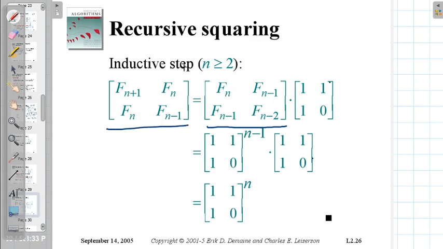I can split this into the product of this fn minus 1 and this. If I multiply this column and this row, which element will I get?